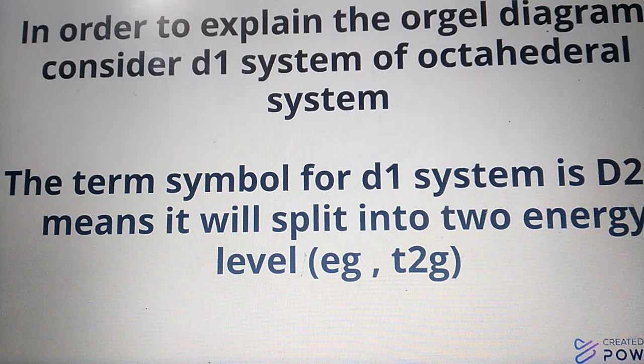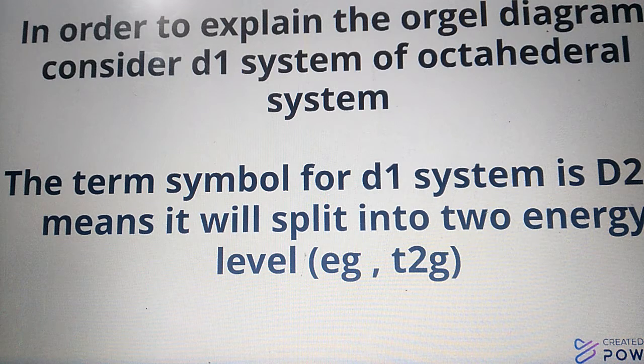The spin value for one electron in the d subshell is half. Spin multiplicity is equal to 2S plus 1. So 2 multiplied by half plus 1 is equal to 2. This is the spin multiplicity. 2 is the spin multiplicity.